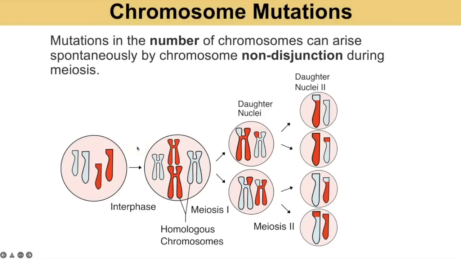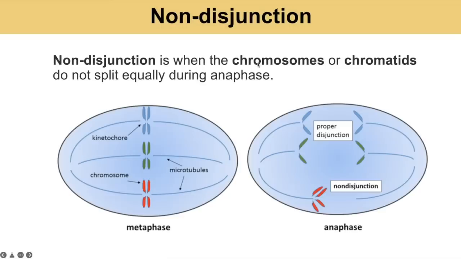Chromosome mutations can also occur, and chromosome mutations are changes in the number of chromosomes, and this spontaneously occurs during meiosis in a process called non-disjunction. So non-disjunction is when the chromosomes, or it could be the chromatids, do not equally split during anaphase of either meiosis 1 or meiosis 2.